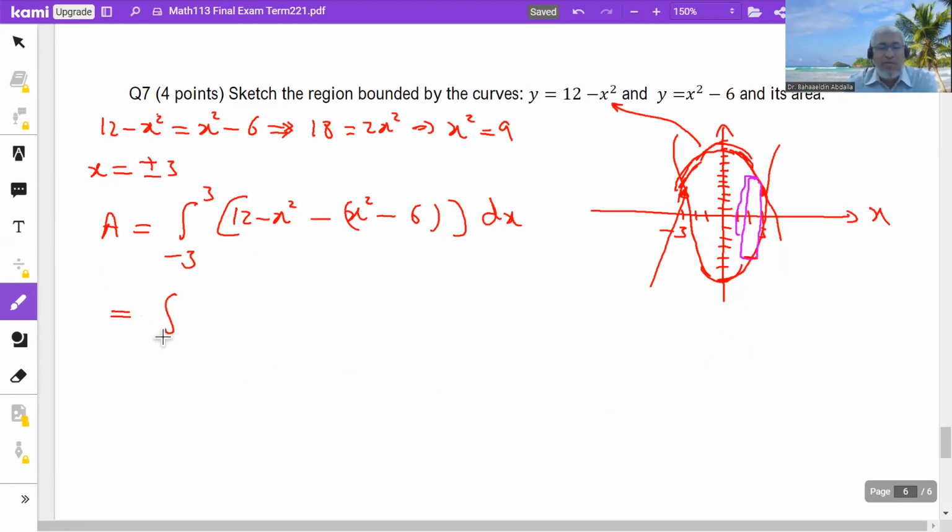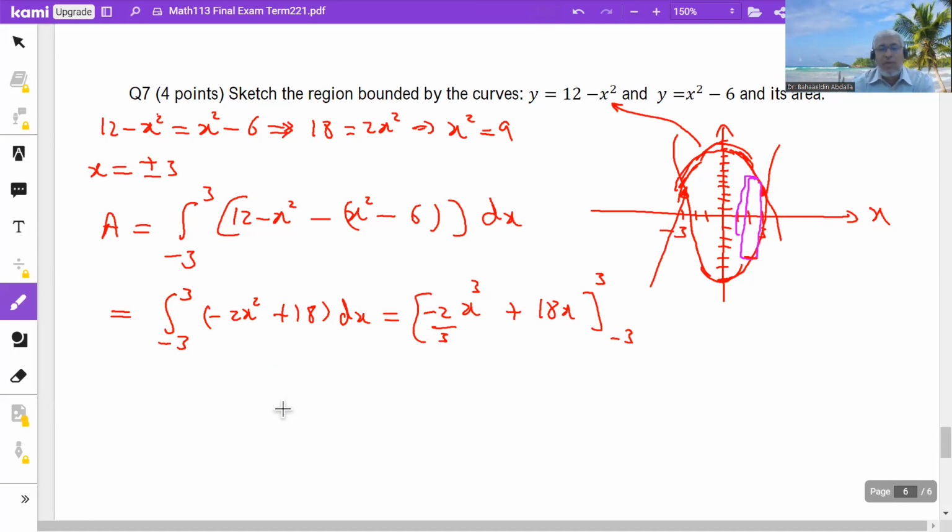So I'll have from negative 3 to 3, negative x squared minus x squared is negative 2x squared, and 12 plus 6 is 18. The integral would be negative 2x cubed over 3 plus 18x from negative 3 to 3.